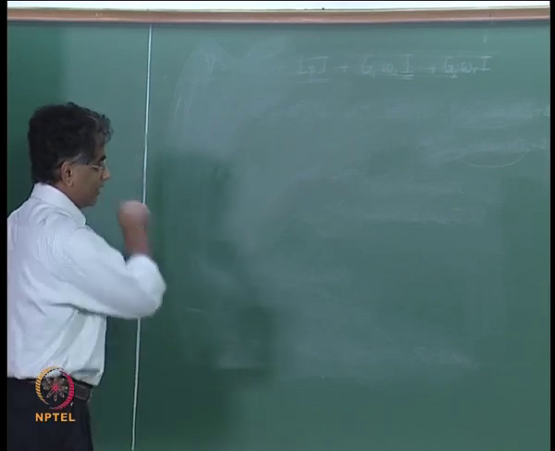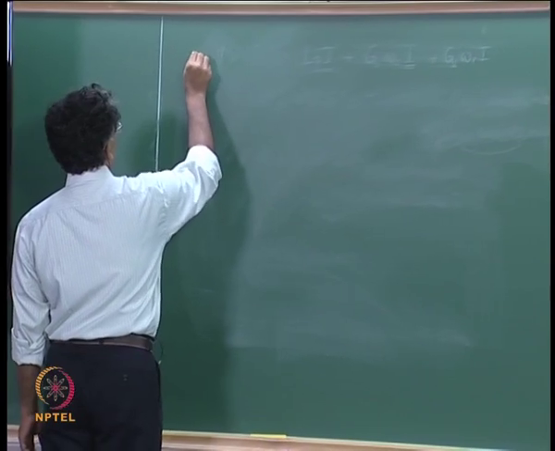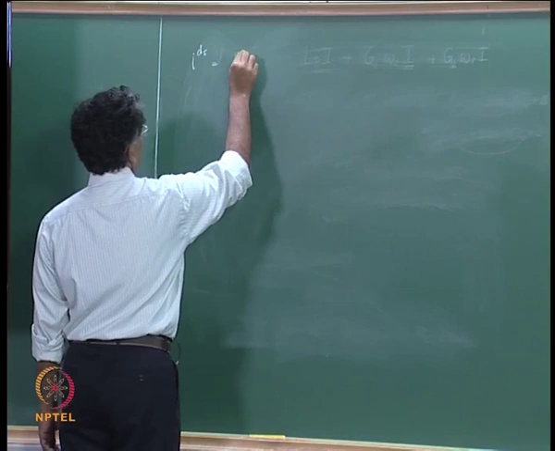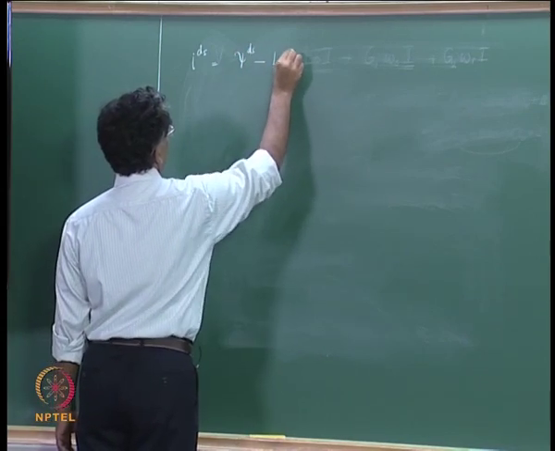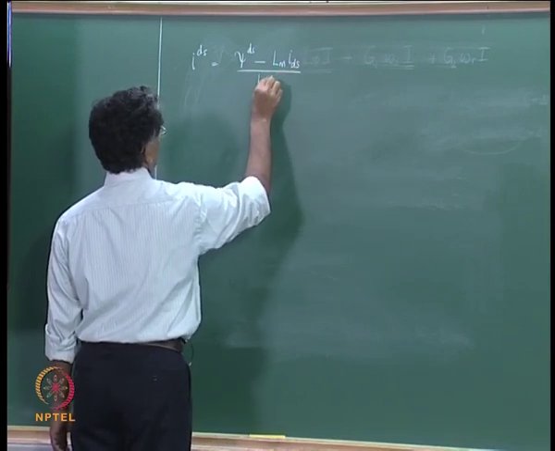If we look at that expression, you can write Ids' as psi ds' minus Lm into Ids divided by Lrr'.